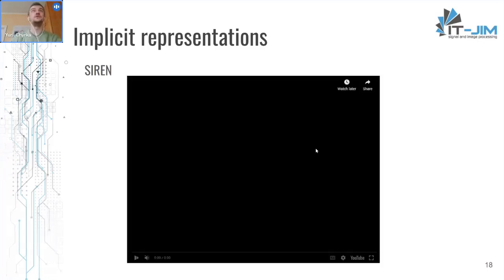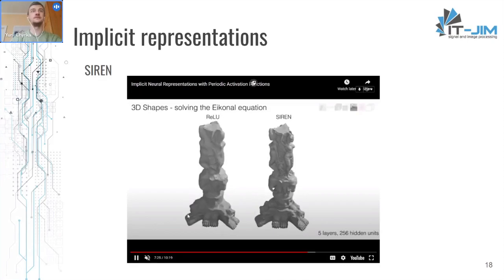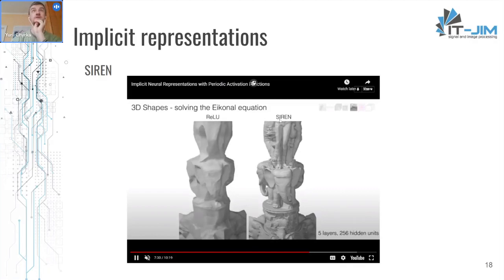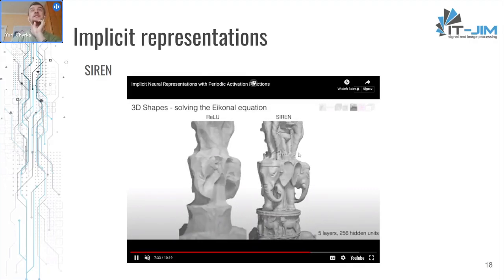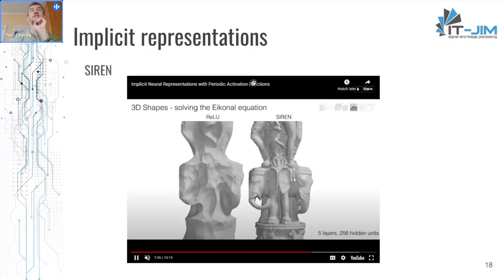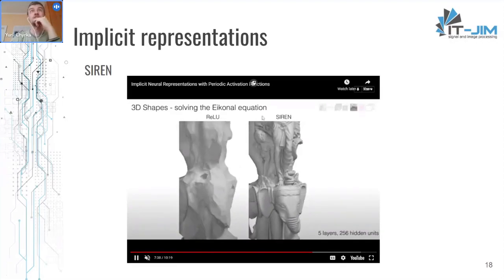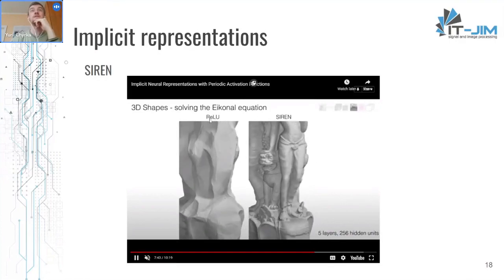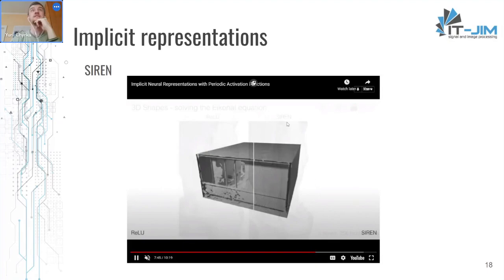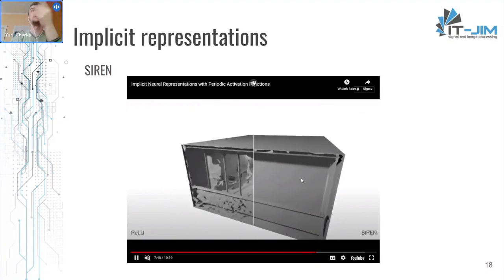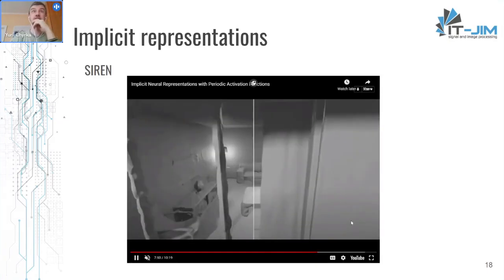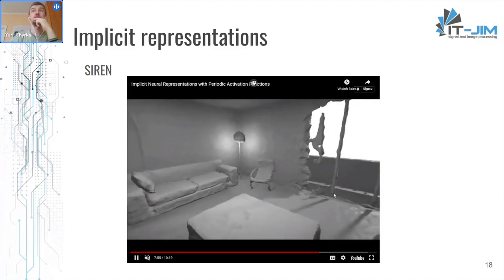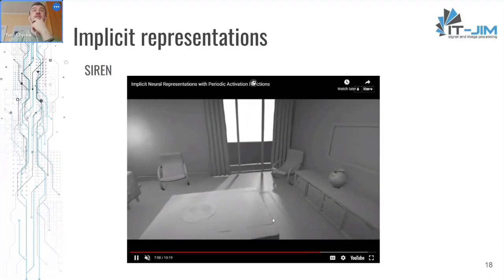And let's look at this example. Here is a video from the authors of the Siren paper, and they compare three-dimensional representation of such complex three-dimensional objects by two types of activation functions, ReLU and Siren. And they prove that their special activation function within neural networks, called Siren, allows better representations.